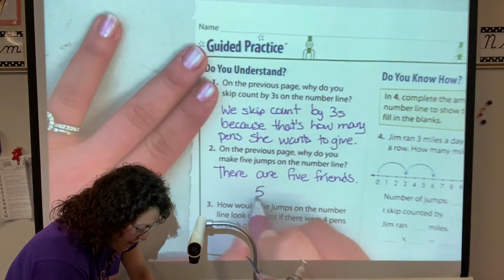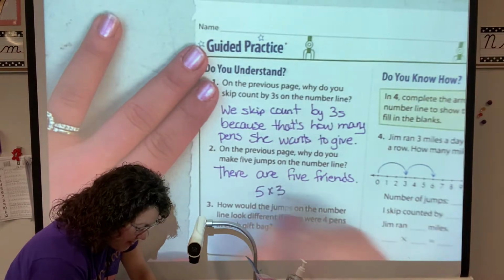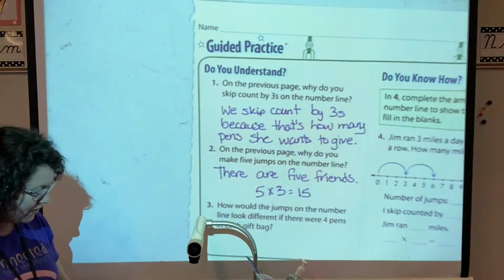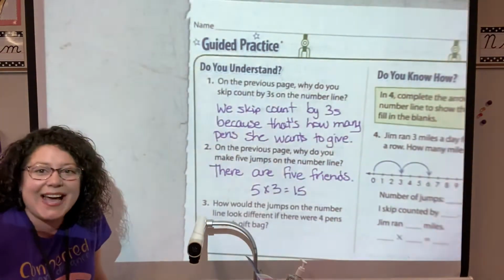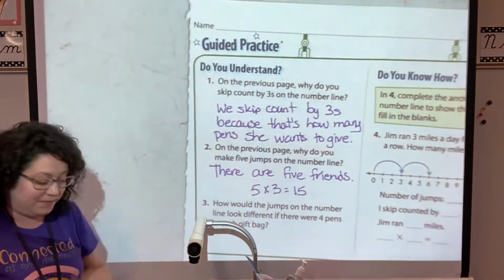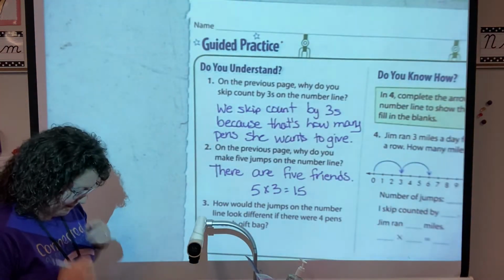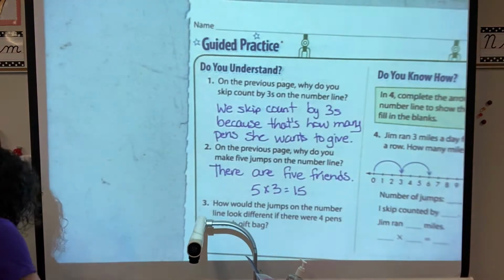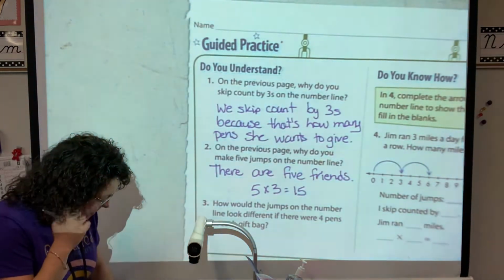So 5 groups of 3 pens in each group makes 15. And there's another little skip counting fact. Anything times 5, you just skip count by 5s. 5, 10, 15. 5 times 3 is 15.